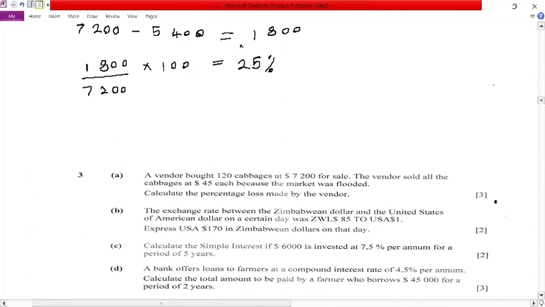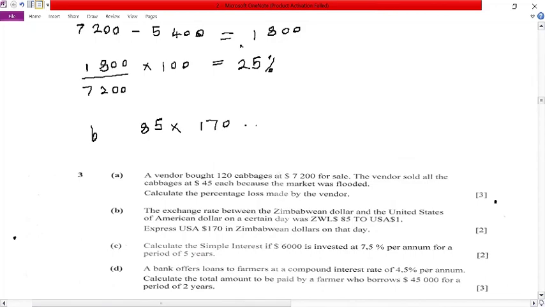Part B, the exchange rate between the Zimbabwean dollar and the United States of America dollar on a certain day was ZWL 85 to $1. Express US$170 in Zimbabwe dollars on that day. So to solve this question, we simply multiply 85 multiplied by 170.